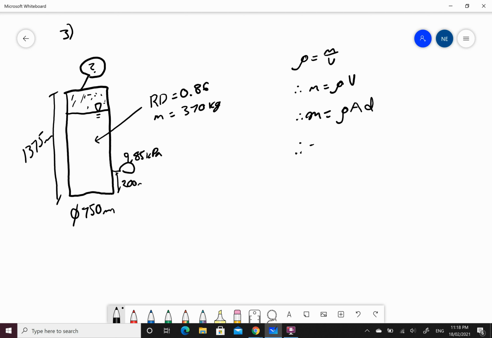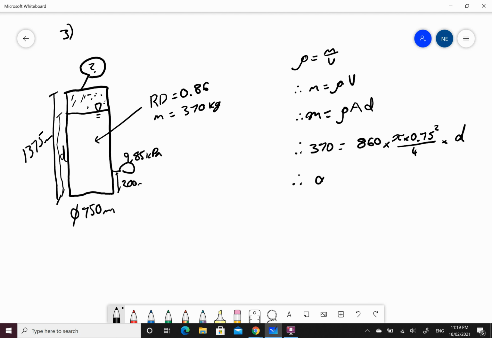So therefore my mass is 370 kilograms, which is equal to my density, which is 860 kilograms per meter cubed, times my area, which is pi by 0.75 squared all over 4, all that times by d. I'm going to call d this measurement here.